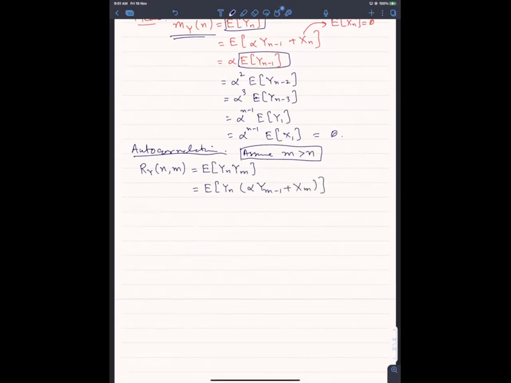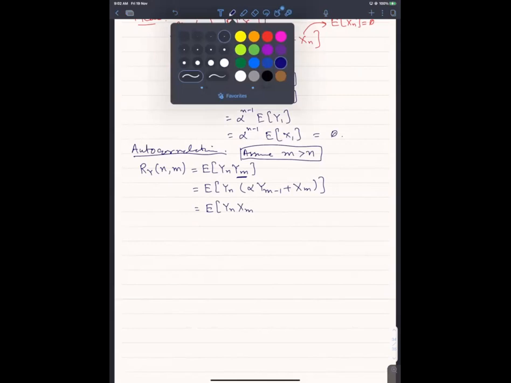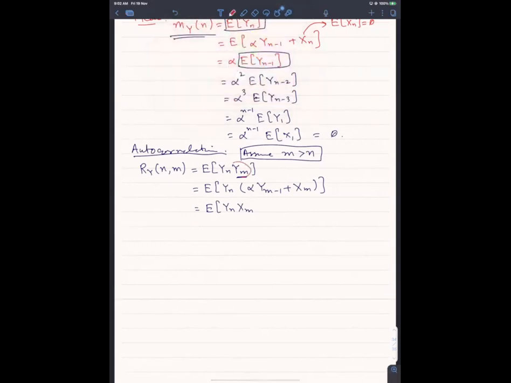Only for one of them I have put the value here, which is the definition of the Gauss-Markov random process. So let me just open this up a little bit. So this would be equal to the expected value of y_n x_m, and there is a reason that I expanded the y_m one and not the y_n one, and you will see the reason.